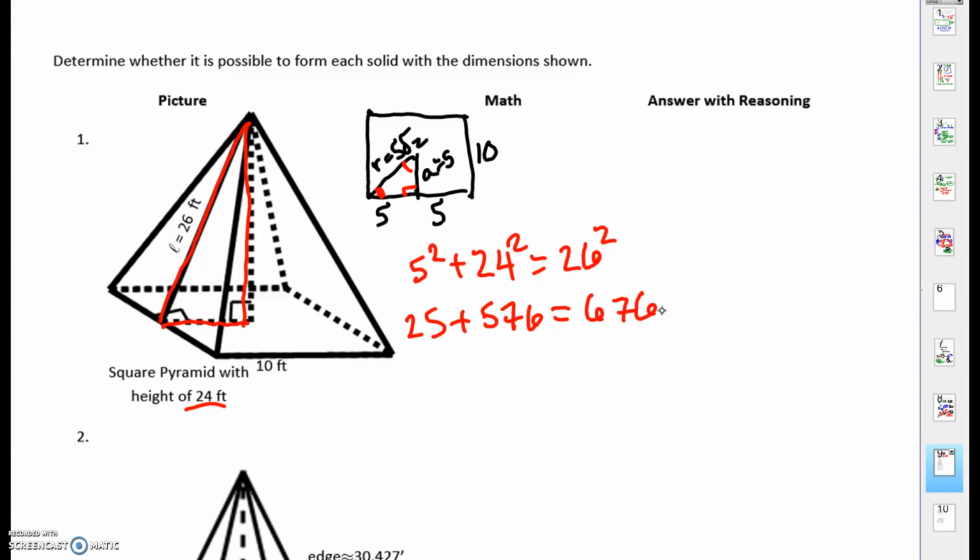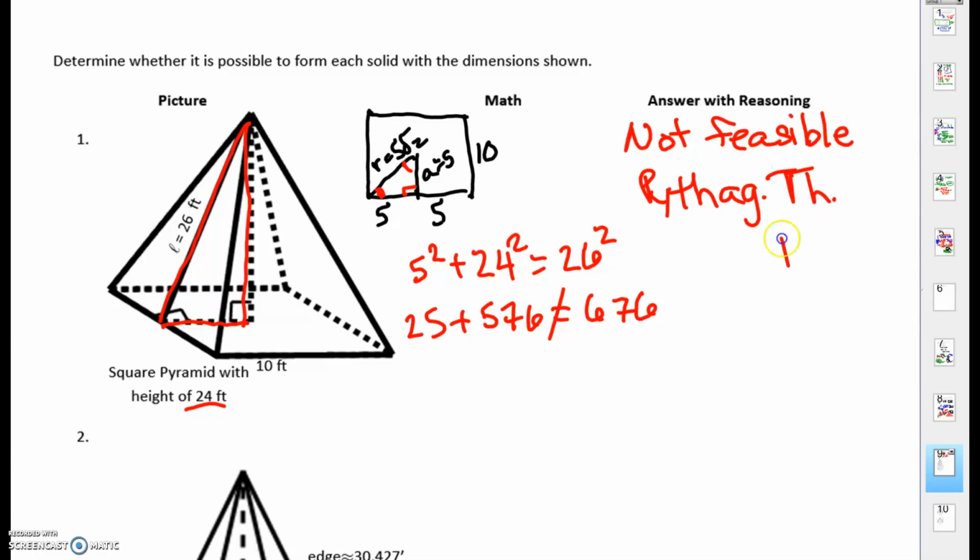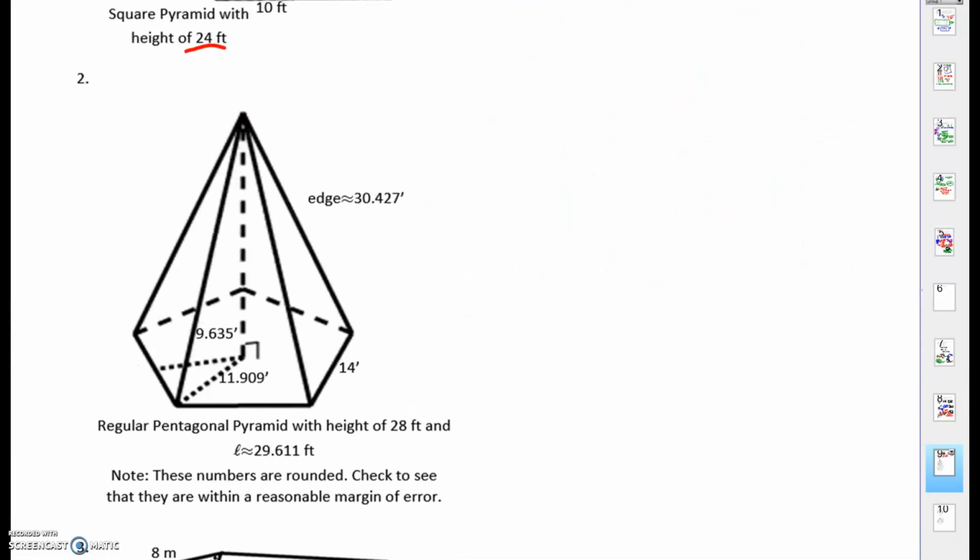Well, that's a big fat no. It does not equal that. So when I look at this, this is not feasible, because Pythagorean theorem fails.